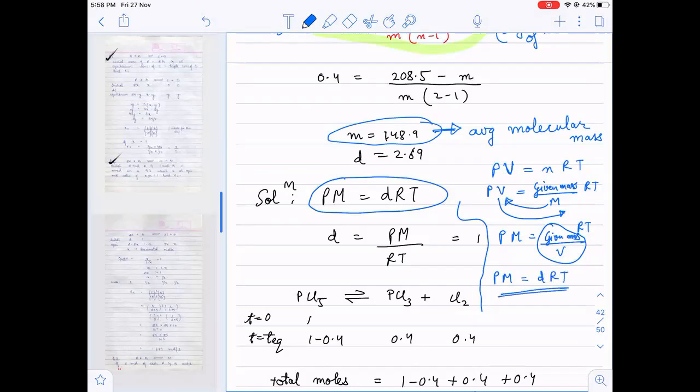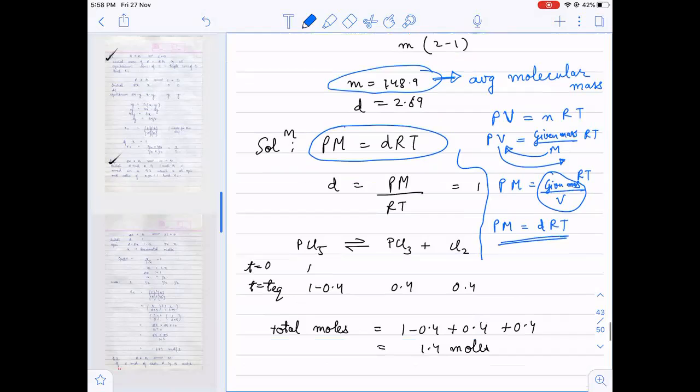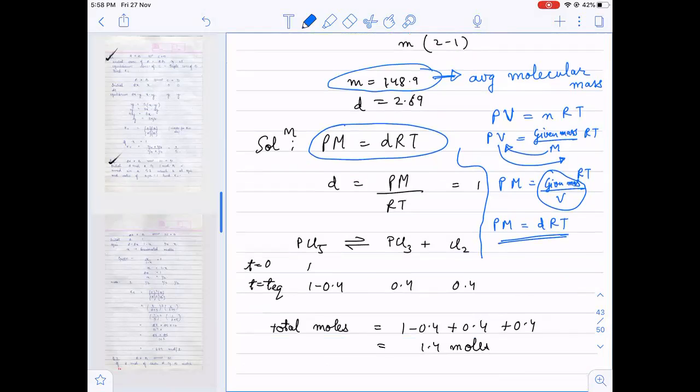Please tell me, do you know Pm is equal to dRT? Is it fine? Yes, sir. Great. Now the question becomes very simple. You know T is given to be 400 kelvins in this question. R you already know it is a constant. Pressure is given to you, 1 atm.